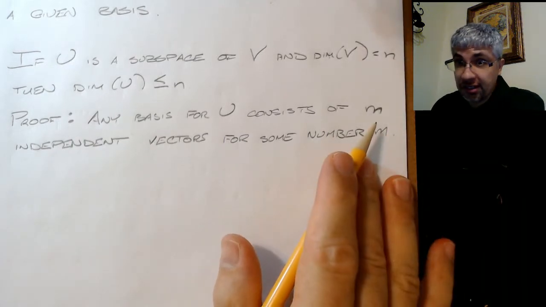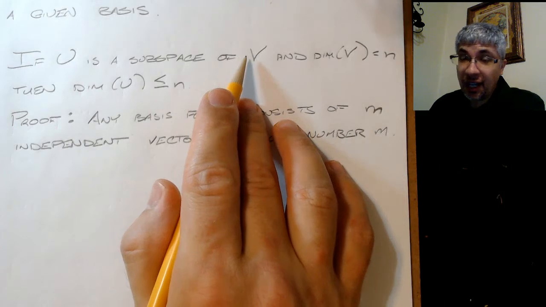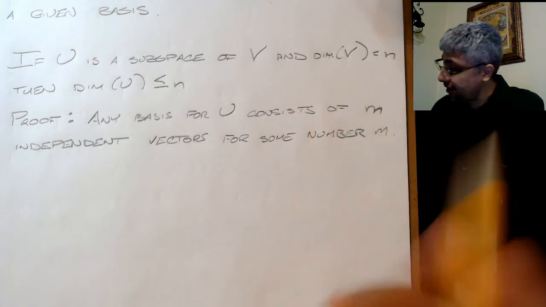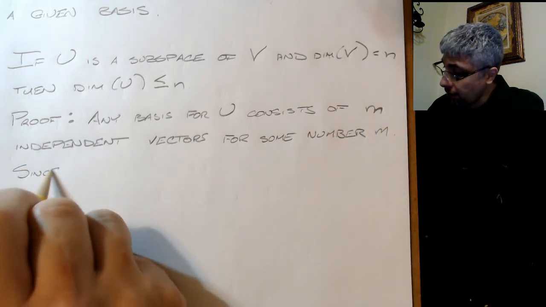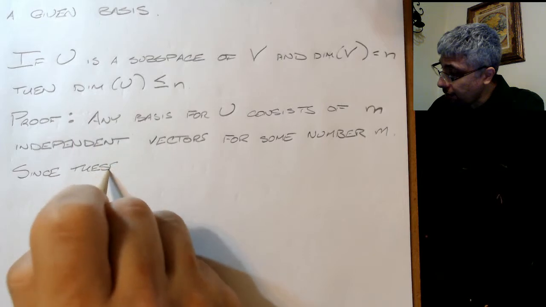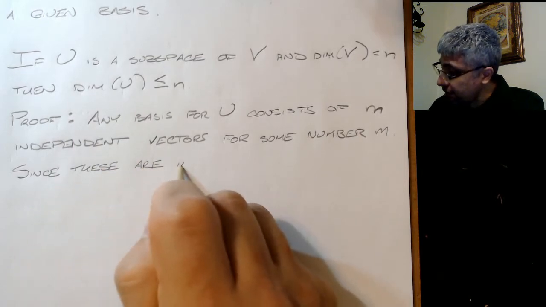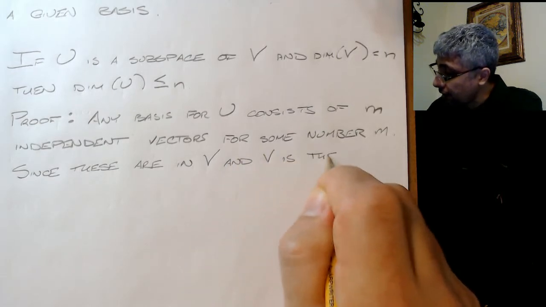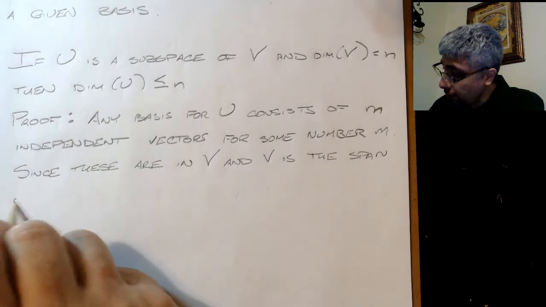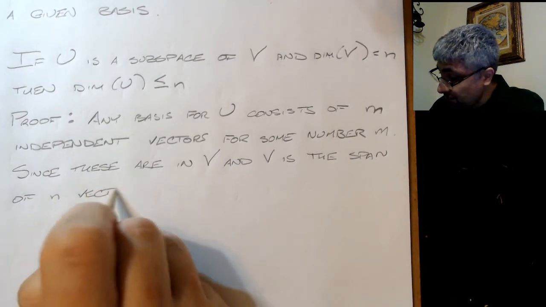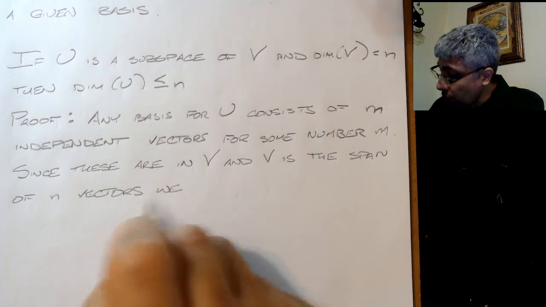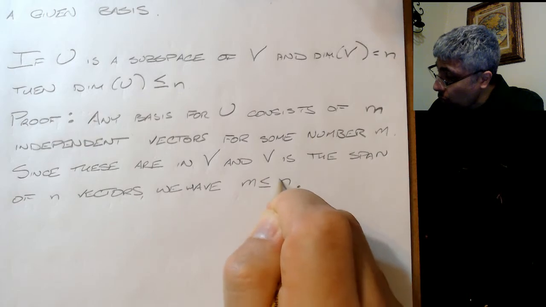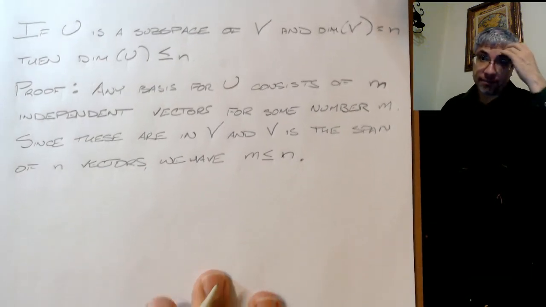But what do I know? I know these independent vectors are sitting inside V, and V is spanned by n vectors, so by that same theorem about sizes, since these are in V, and V is the span of n vectors, we have M less than or equal to n.